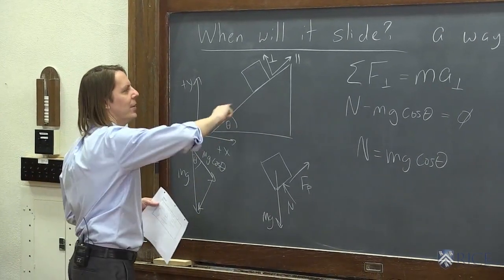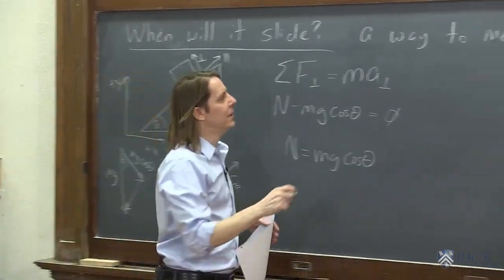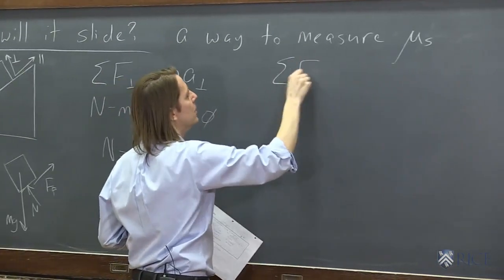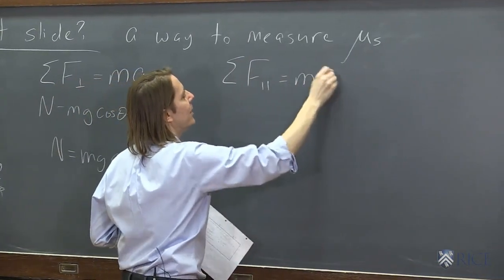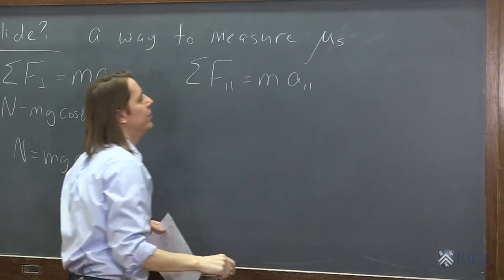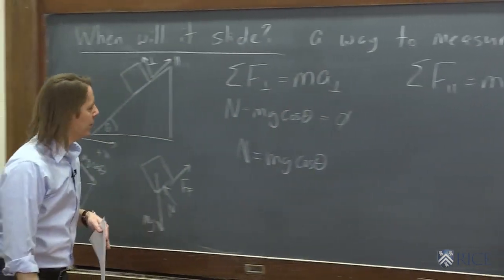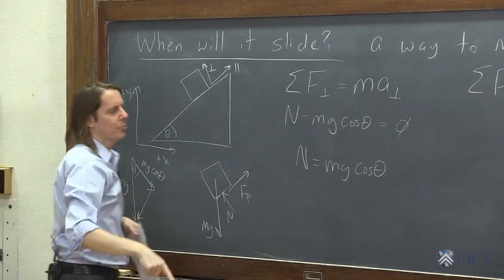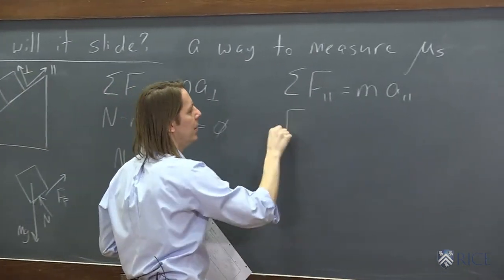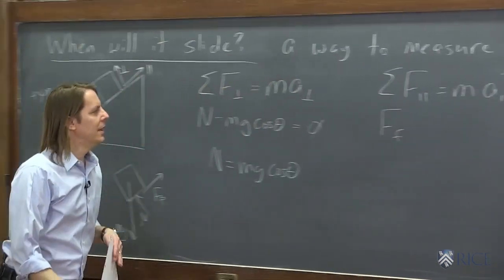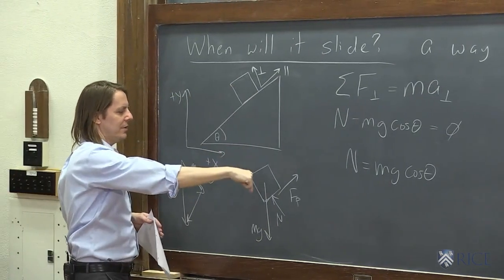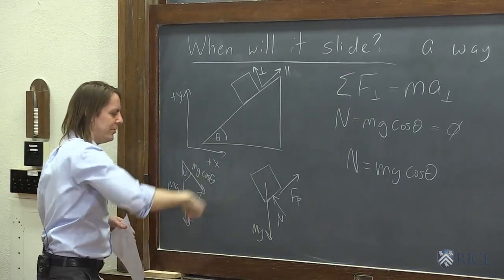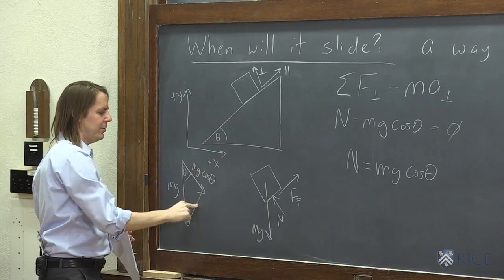But we care more right now about the parallel. So the sum of the forces in the parallel direction equals the mass times the acceleration in the parallel direction. All right, so we defined this as positive parallel. We actually ended up putting the friction force positive. It doesn't matter. F. And the negative one is gravity pulling it down, because gravity has a component this way, and down this must be the sine.